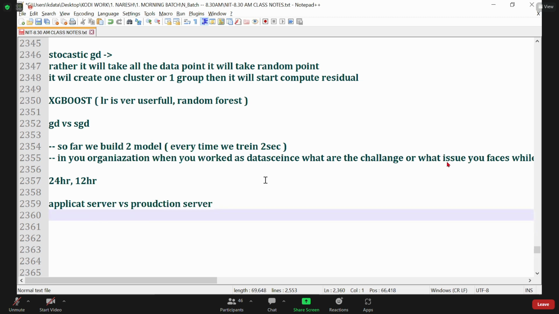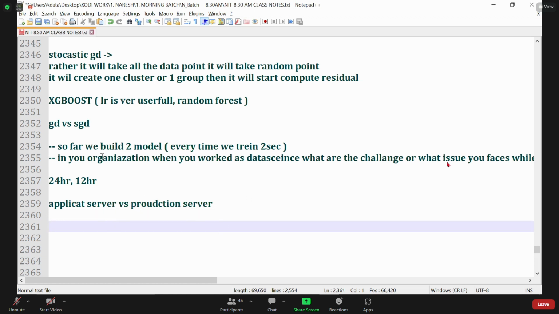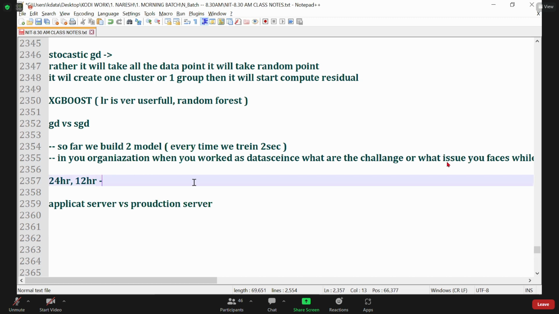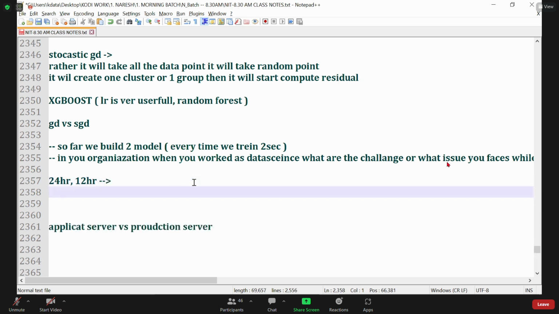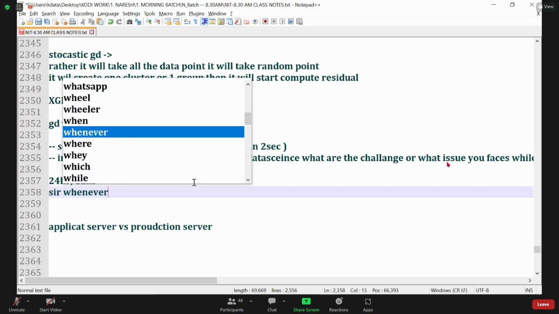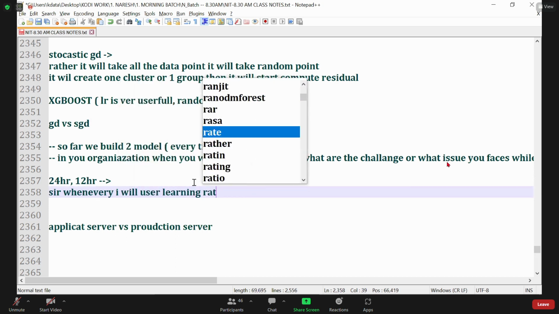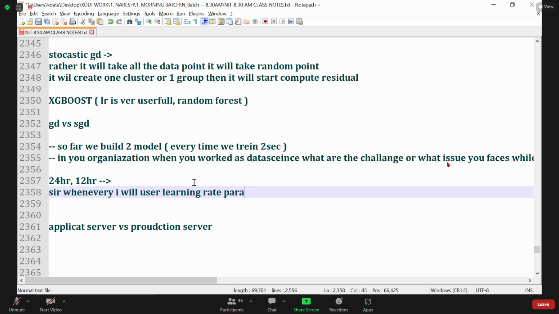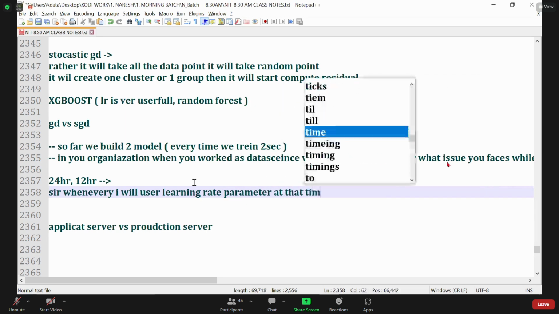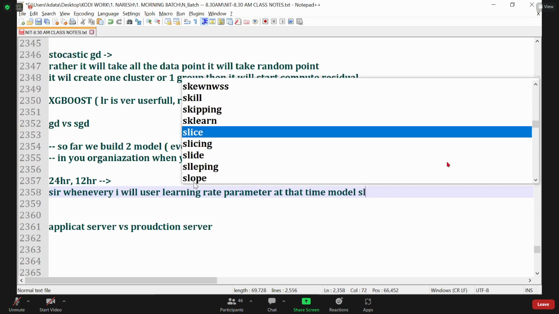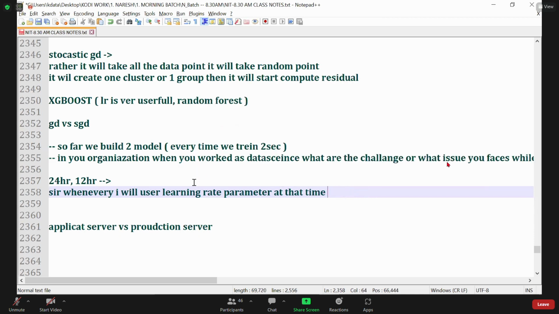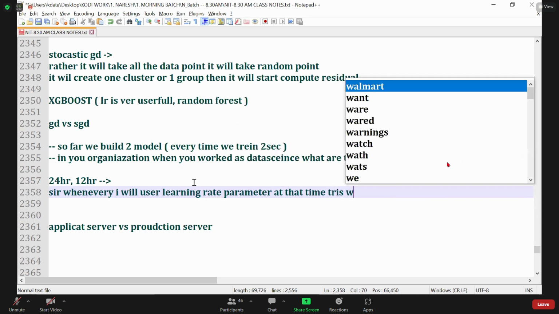So assume the question is, when you work as a data scientist, what are the challenges? I will tell you the answer: sir, whenever I use learning rate parameters, my model slows down, the training slows down.